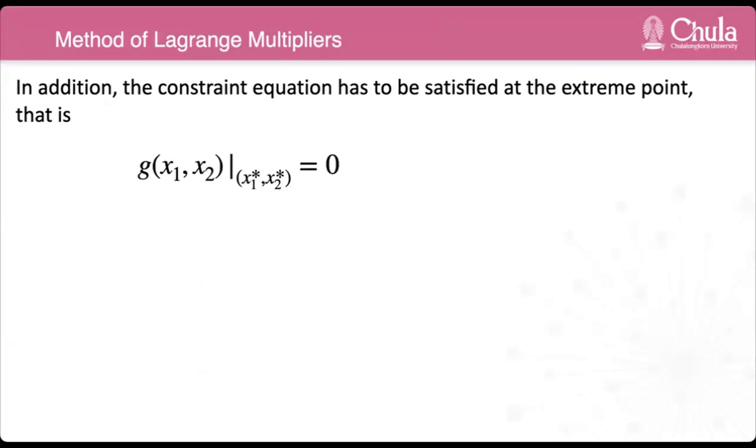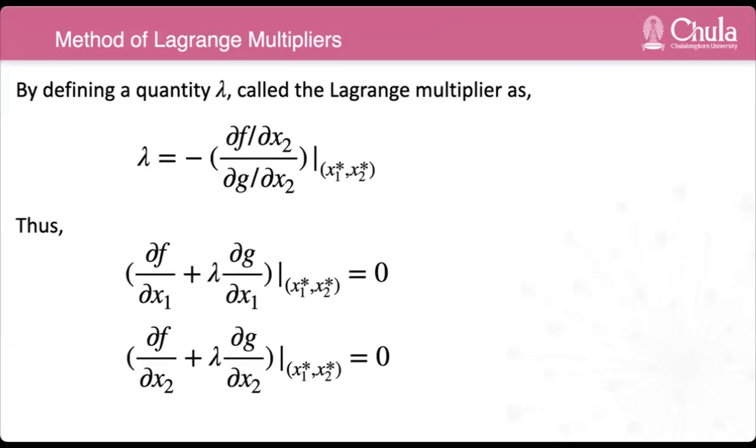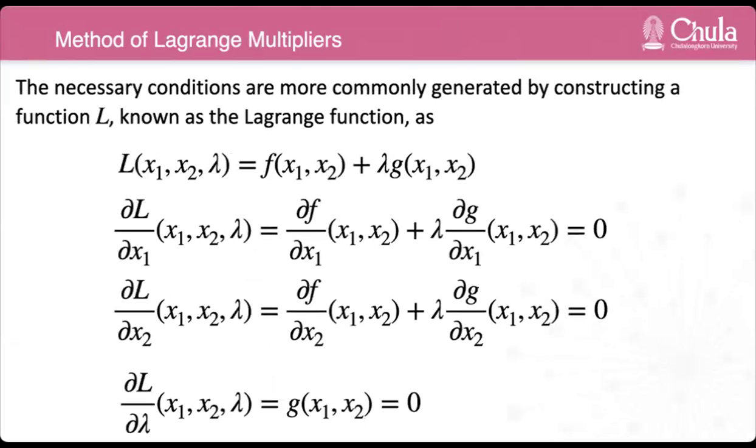And you see that from these three necessary conditions, we can derive all of them by just converting the original objective function f(x1, x2) plus lambda times g(x1, x2).